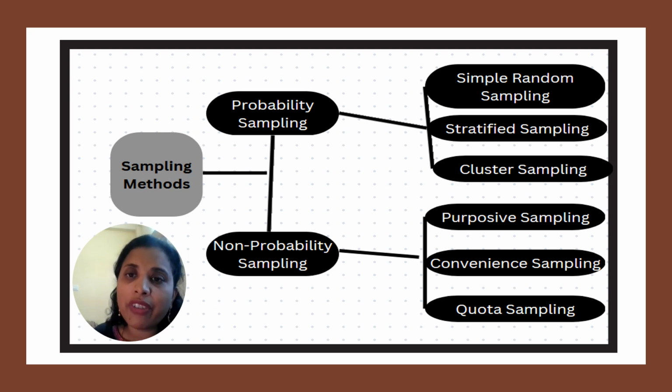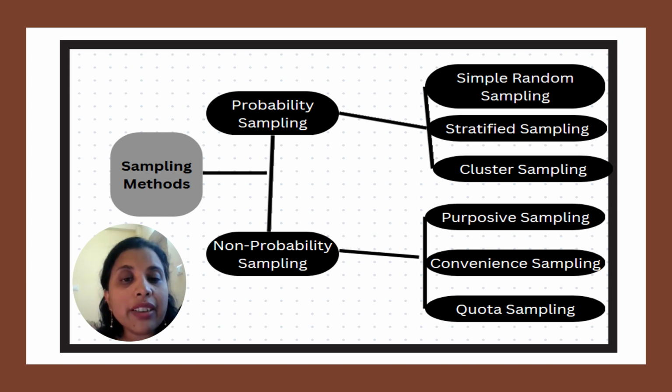Nowadays you have software available; you just need to add the population and click on Cochran formula, and it will do the calculation and give you the minimum sample size you should have. As a generalized idea, if your population is more than 1 lakh, you need around 383 as your minimum sample size for the study. So generally in the Cochran formula, the minimum sample size comes as 383. This is formula based.